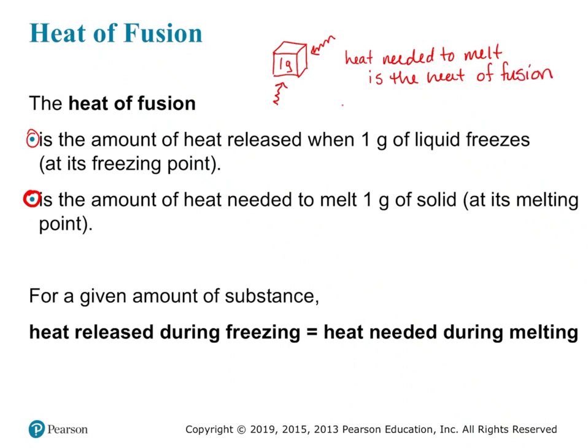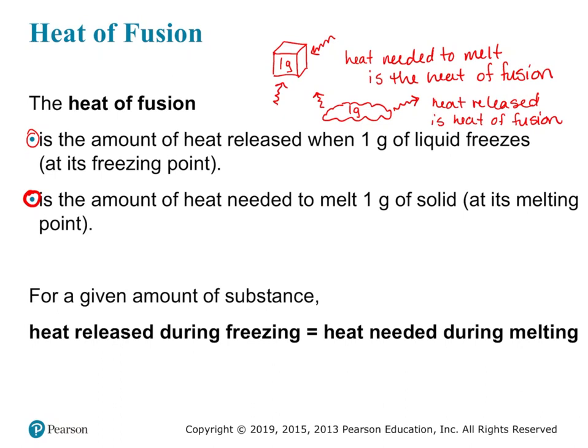Or let's say we have a little puddle of water and it's 1 gram. And let's say we're cooling it, so heat is being released. Then the heat released is also the heat of fusion. So we're cooling it down into ice.